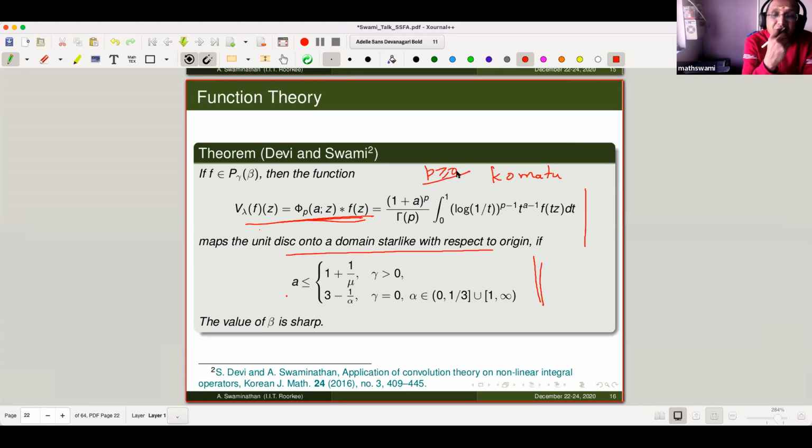Whereas in our case, because we are going for a more generalized setup, we are able to find this only for some particular ranges. For the remaining ranges, we have not found any result so far.